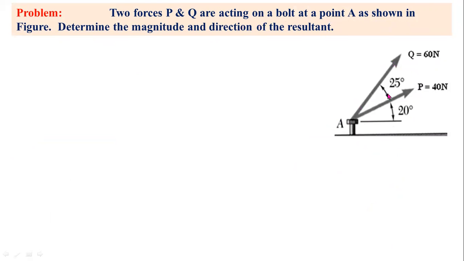These two forces are coplanar and concurrent forces, acting at a common point A. The angle between the horizontal plane and force P is 20 degrees, and the angle between forces P and Q is 25 degrees.